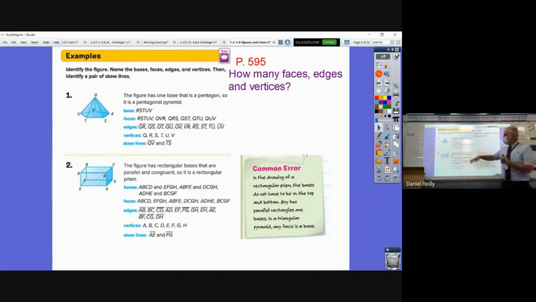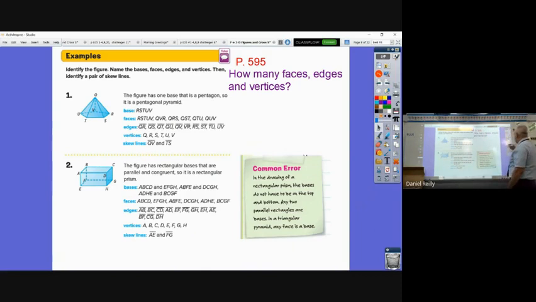The book has you labeling all of the faces and all of the edges by using the letters. If you put the letters of all the vertices in a row, that's how you would label, like, triangle RQS, right? Or the two letters that define a line, like edge RS, edge ST, edge UT. I'm not worried about that part. All you're going to need to do is count them, okay?